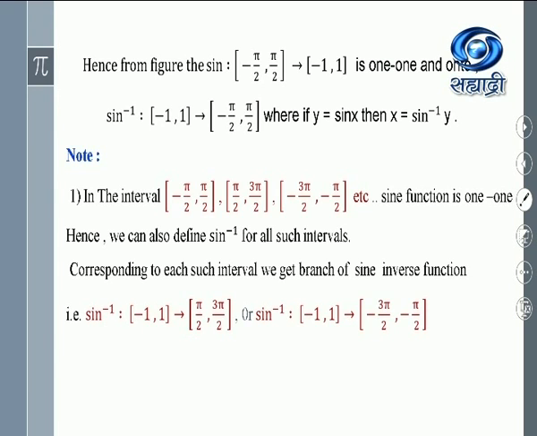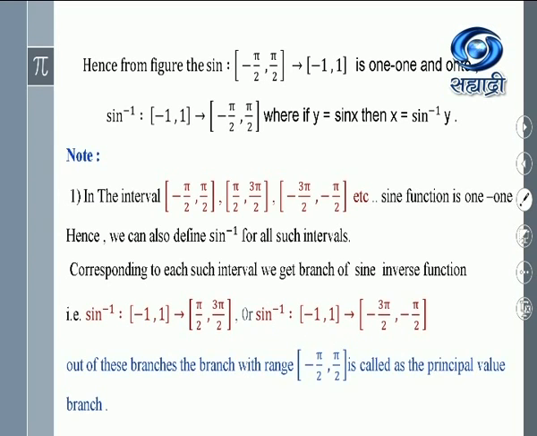See, this is also sine inverse, the closed interval -1 to +1, and this is the closed interval π/2 to 3π/2. This is also a sine inverse function. I mean, for this particular domain and range it exists, but of these we have chosen only the closed interval -π/2 to π/2, and that is called the principal value branch.